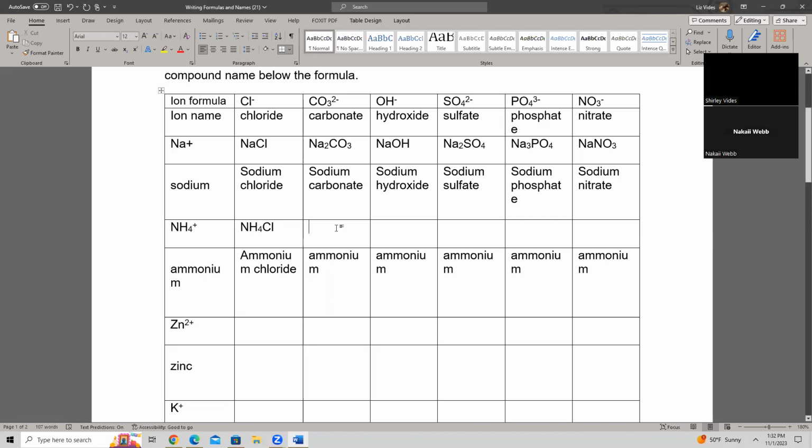This is where we were talking about. Carbonate has a 2 negative. So NH4 is put in parentheses, okay, to symbolize that this whole thing is got to have 2 of those. All right, so we need 2 ions of NH4 plus for every 1 ion of CO3 negative.